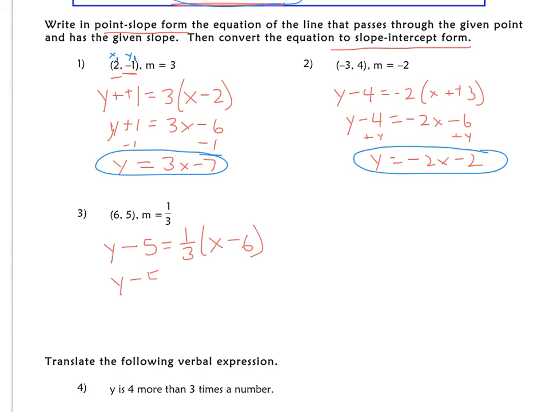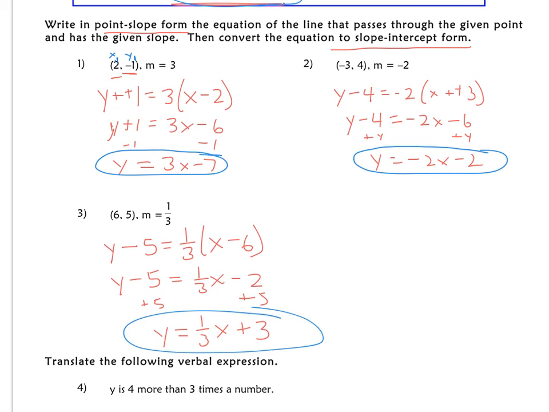So y minus 5 equals 1/3 x. If you need to use your calculator, do 1/3 times negative 6. You're going to get a negative 2. Add the 5 to both sides, and y equals 1/3 x plus 3. And our equation is now in slope-intercept form.